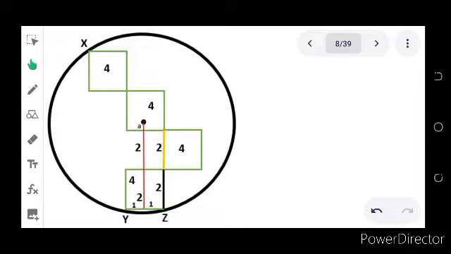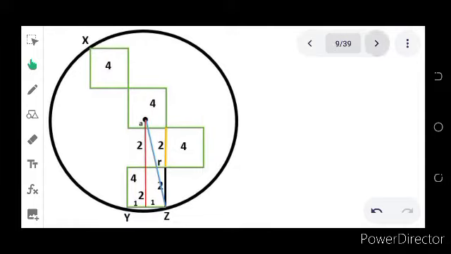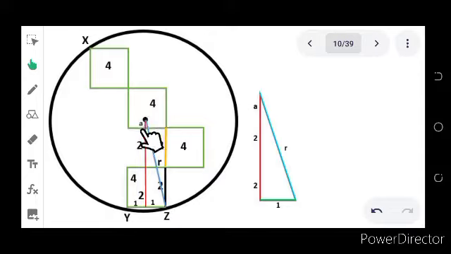Next, we need to draw another auxiliary line from the center going to point Z, and that is also a radius. We name it R. Now we consider this triangle here. The red part has measures 2, 2, and A, the green one has 1 unit, and the blue one is R. This is your hypotenuse.